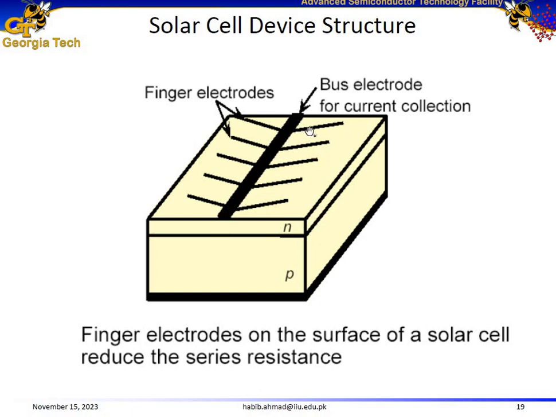So we have a bus electrode and then we have finger electrodes. The finger electrodes are extended so that carriers anywhere close to this region can be collected by the finger electrodes. But we also need to make sure that they have enough space so that we can have maximum absorption efficiency by this top layer.